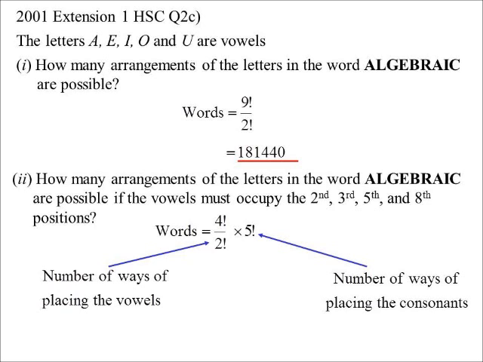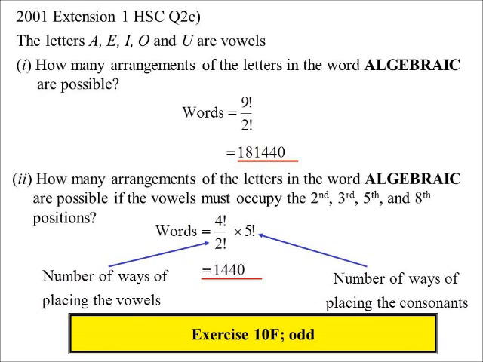Now we'll arrange the consonants, that's the other type of letter by the way, and there's 5 consonants, they're all different, so 5 factorial, giving us a grand total of 1,440. Okay, so we'll just add 10F now, where some of them are the same.